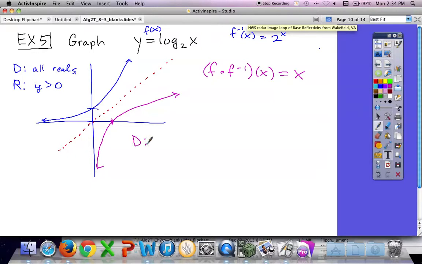Remember, when you find inverses, the domain of the original function is the range of the inverse, all reals. The range of the original function is the domain, x greater than 0. And that makes sense, right? X greater than 0. It never touches this line. This is an asymptote. It's always to the right. Yet it's still all real numbers.